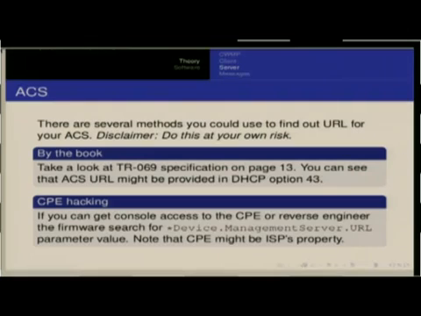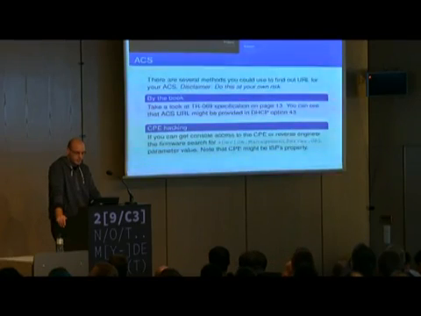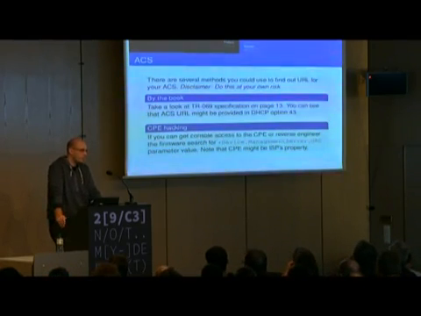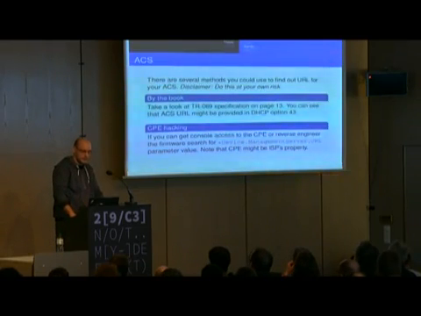So if you use DSL, you will have to find your PVC settings for that one. Or you can hack the CP. You can look into the firmware image or somehow enter the root shell and search for this parameter. Okay, so this is something that you will have to know in order to access the ACS.